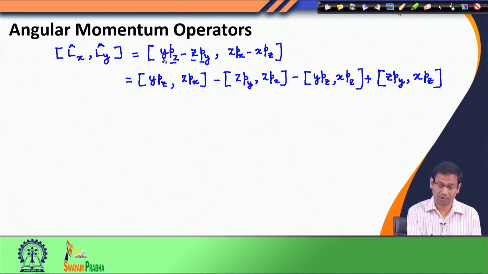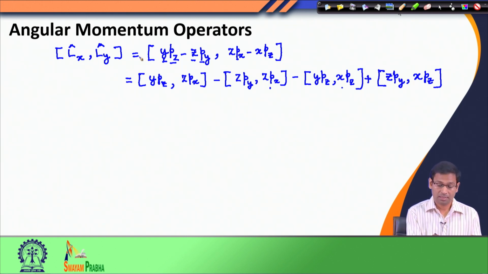I first take y p z and evaluate the commutation with z p x, and then y p z with x p z, then z p y with z p x, and z p y with x p z.